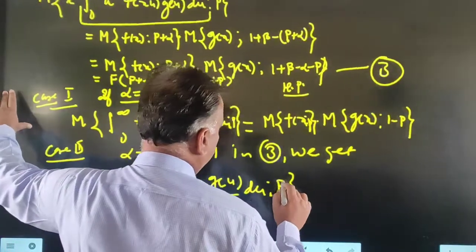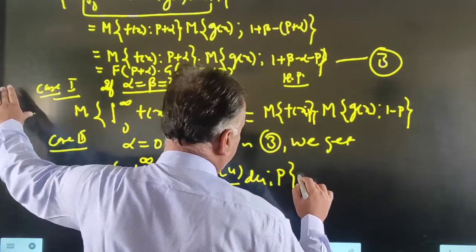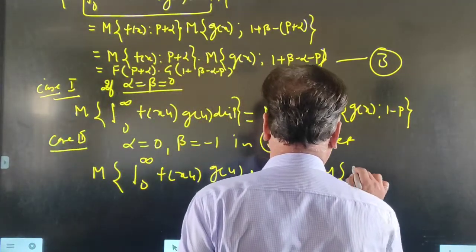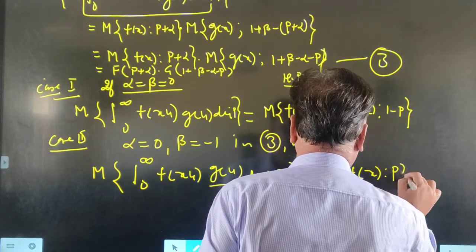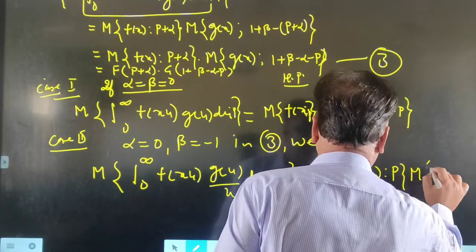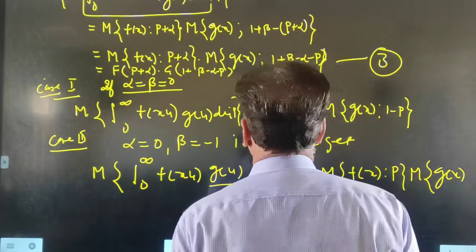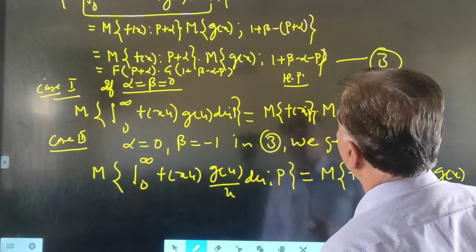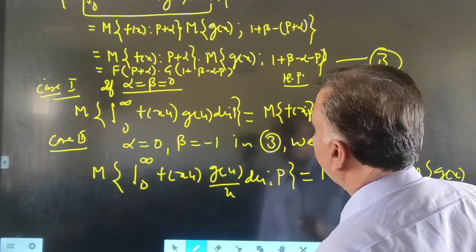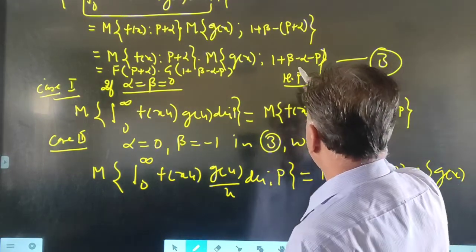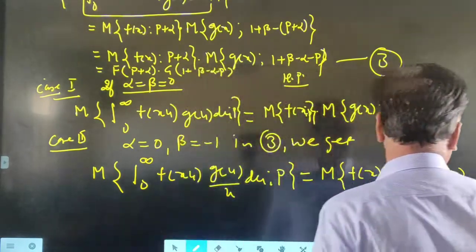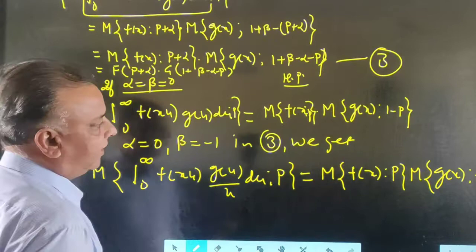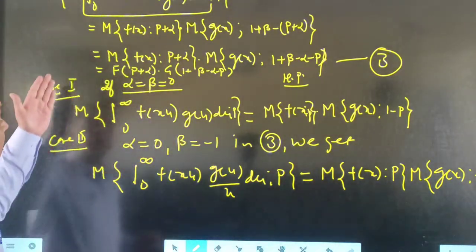And this is equal to, alpha is equal to 0, so this is the Mellin transform of f(x) with respect to parameter p into the Mellin transform of g(x), with alpha equal to 0 and beta equal to minus 1, so the minus 1 cancels, and this is minus p. So we get this result as a special case of the given problem.